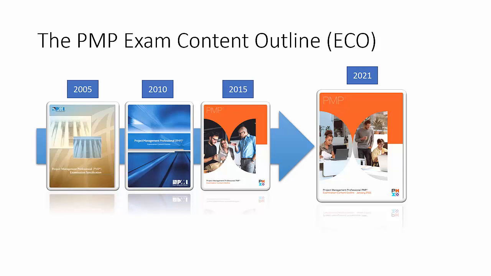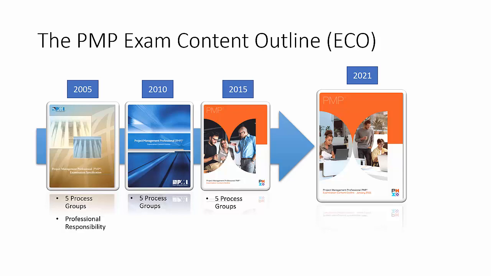The structure, however, is quite different compared to the previous exam content outlines. The previous exam content outlines were built around the 5 process groups, which were aligned with the PMBOK up to that point.